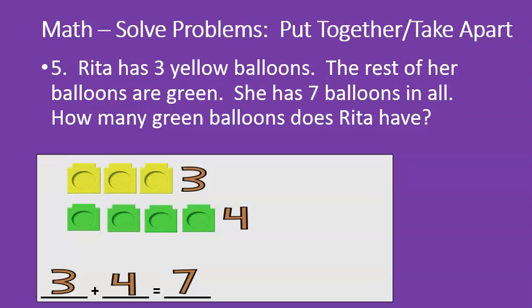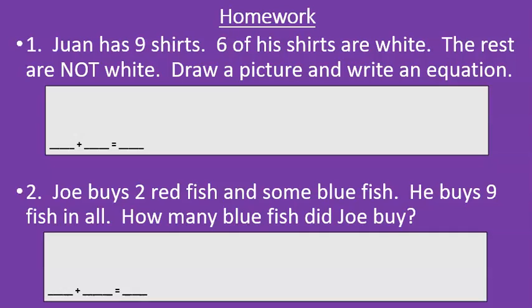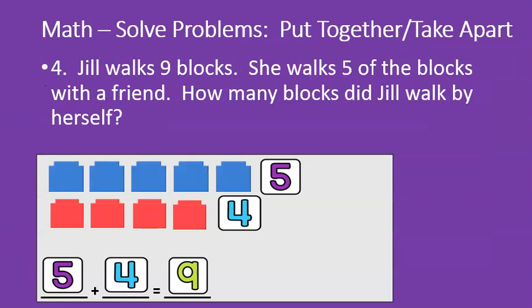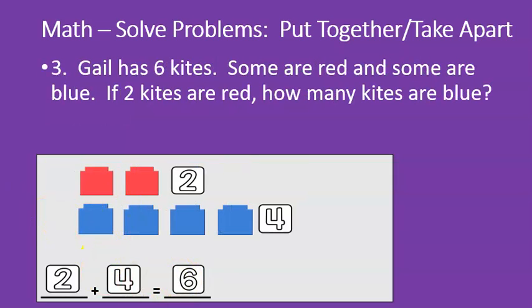Now, boys and girls, go ahead and get a paper and pencil. When you get your paper and pencil, I want you to do problems 1 and 2. I want you to copy the sentence. I want you to draw a picture, just like how we did here, okay? You see these ones? We drew pictures here, and we have numbers here.